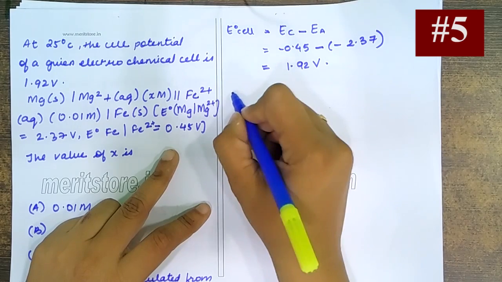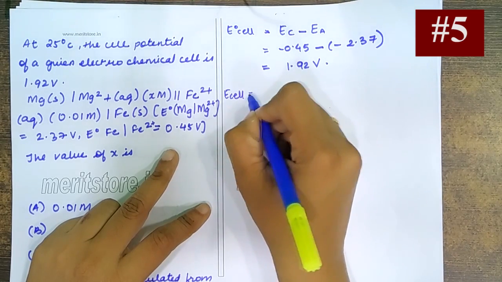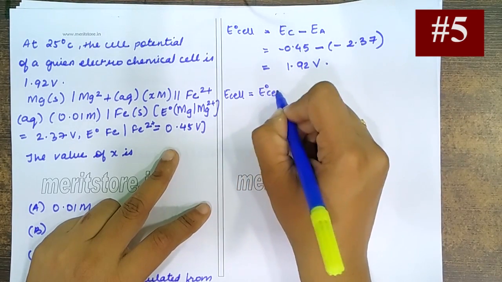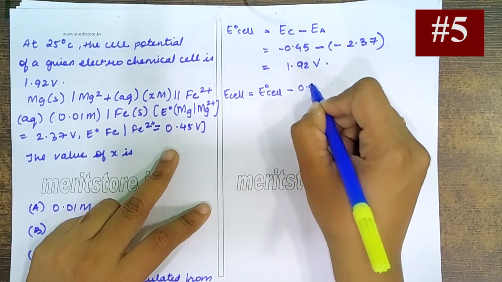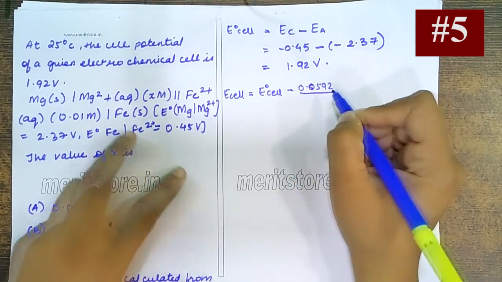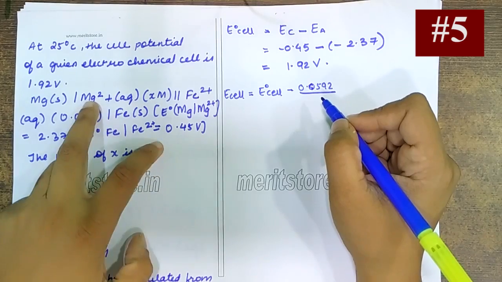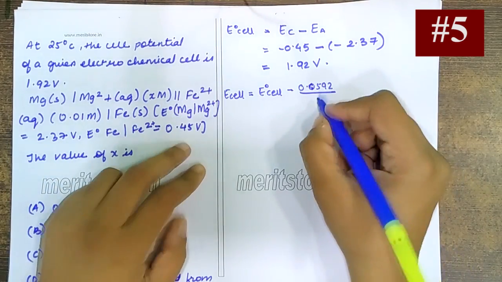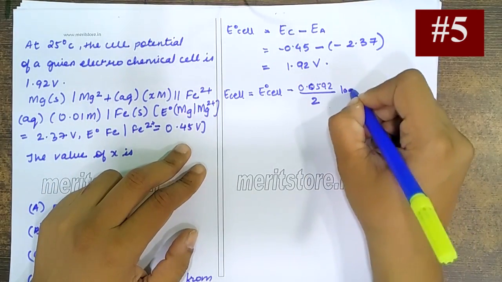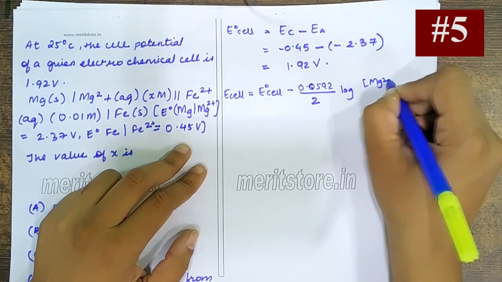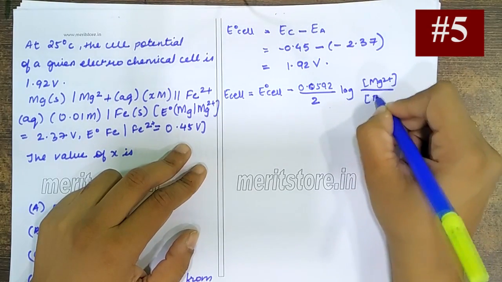So now E cell is equal to E0 cell minus 0.0592 upon n. Here two electrons are involved because Mg is 2 plus and Fe is also 2 plus. So 2, log of concentration of Mg2 plus upon concentration of Fe2 plus.